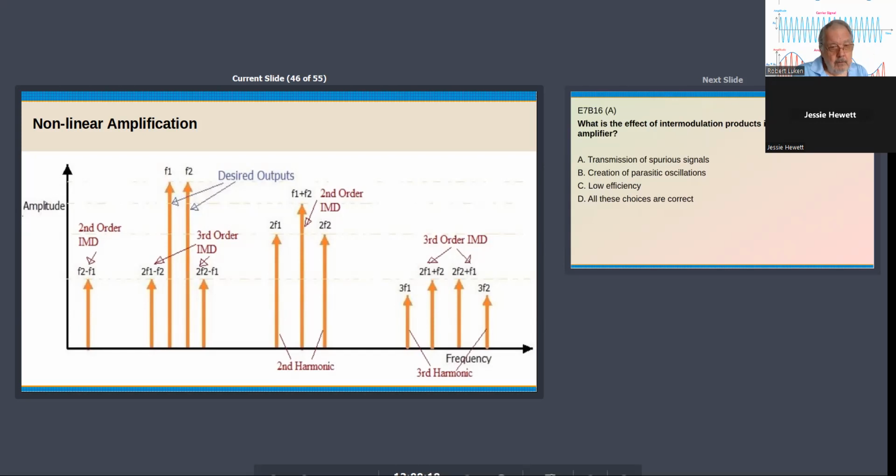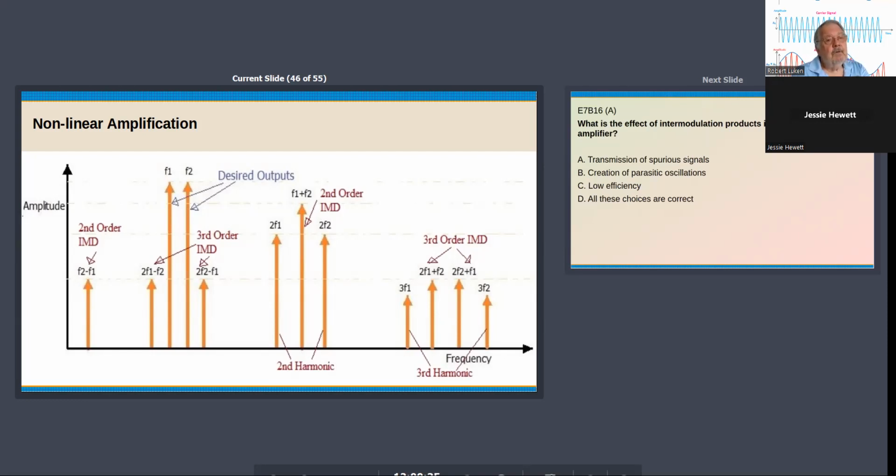If you look at the third order, up here on the right, we've got 3 times F1 and 3 times F2, pure third order harmonics. And then we've got sums, which turn out to be twice F1 plus F2, or twice F2 plus F1. They're still high frequency.